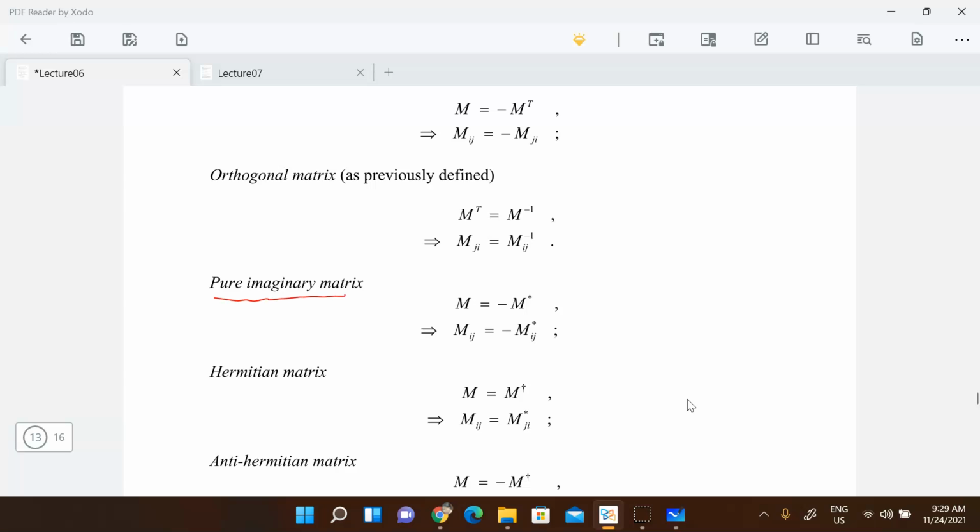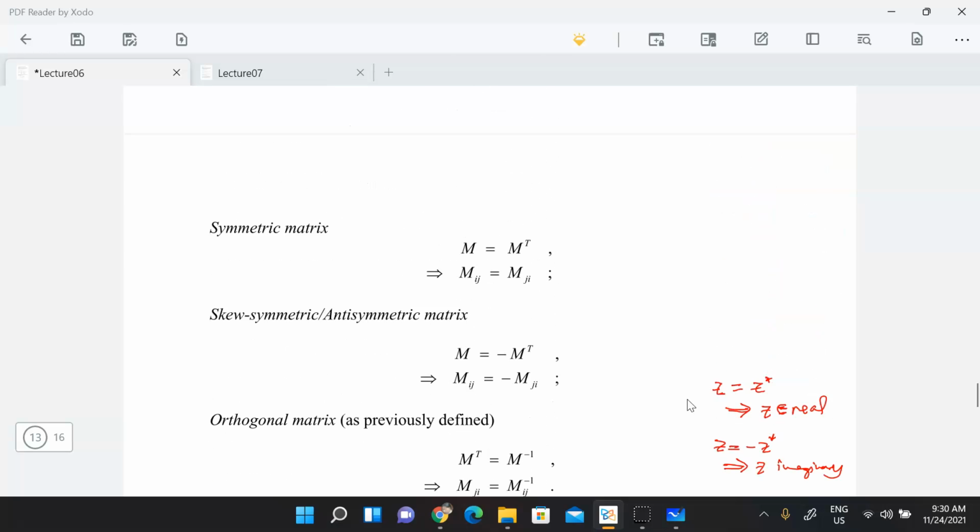It's the same thing we had for complex numbers. If we have Z equals Z star or Z bar, then this gives you Z to be real. If Z equals minus Z star, then this says Z is imaginary. It's the same relationship. The only thing here is you are dealing with an array of numbers rather than just a single number.